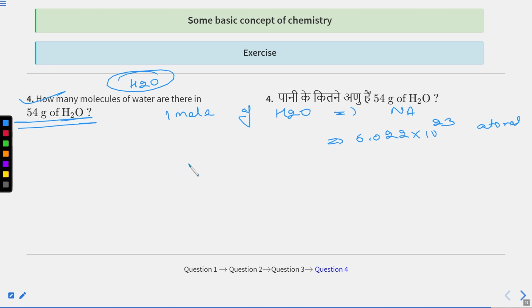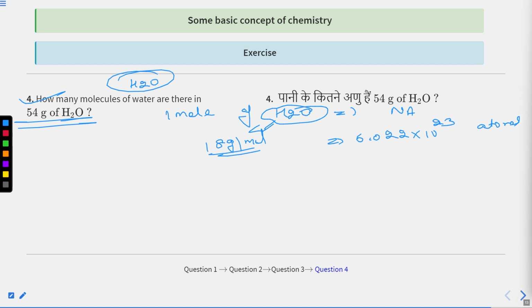So the question is asking water molecular mass or molar mass, you can say. It should be 18 gram per mole. So how many molecules of water are there in 54 gram? In 18 gram, we have 6.022 into 10²³ molecules.